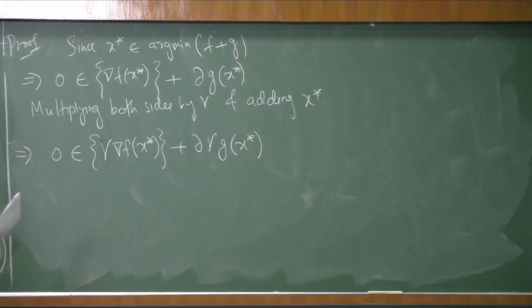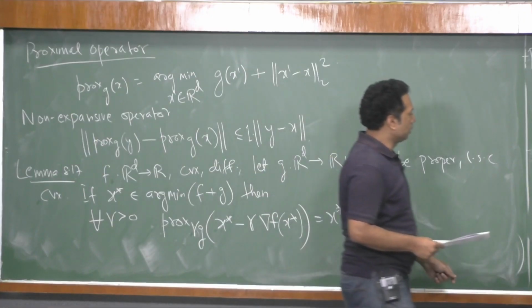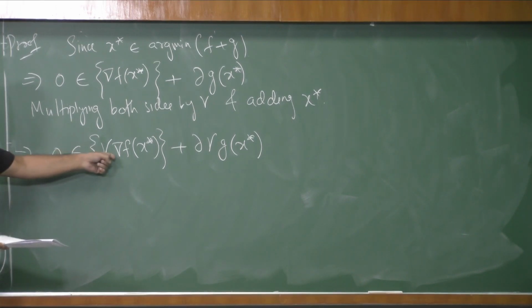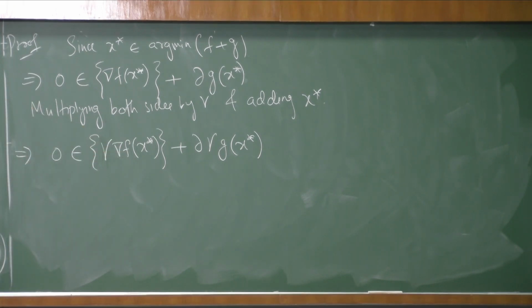We also thought of adding x star, because the way we see it, this is x star minus. So if we add x star, we get that x star minus gamma grad f of x star belongs to x star plus the subdifferential of gamma g at x star.